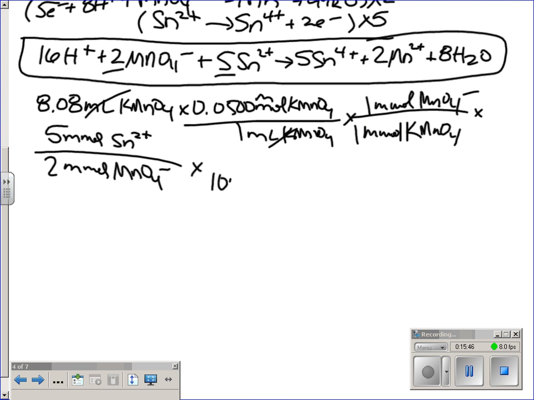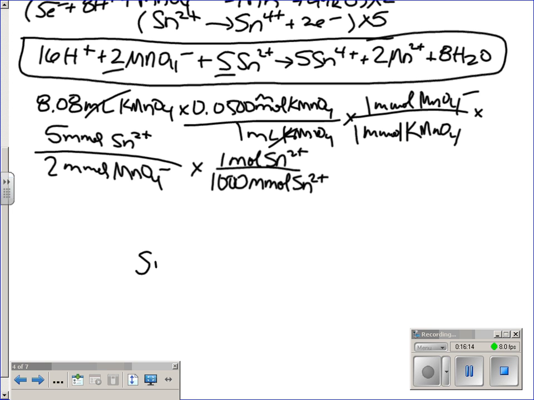In one mole of Sn2, there are 1,000 millimoles of Sn2. So I'm just solving this an alternate way for those of you who like millimoles. If you had to write the BCE between Sn and Sn2, what would the ratio be? 1 to 1, right?